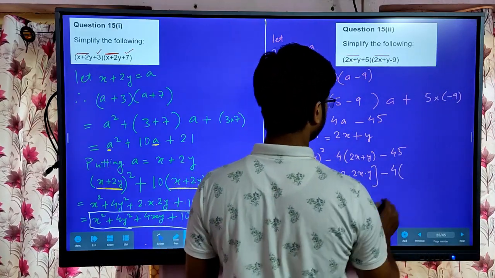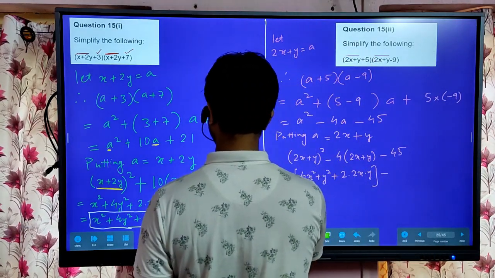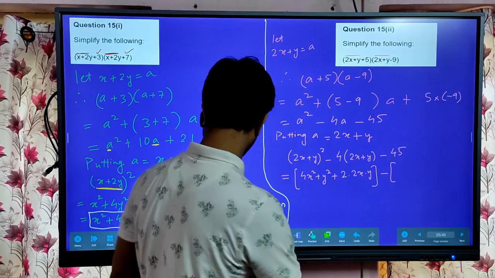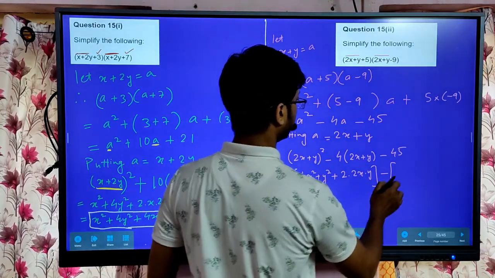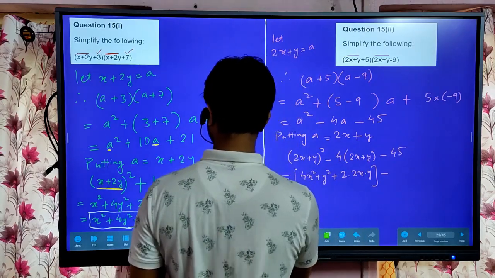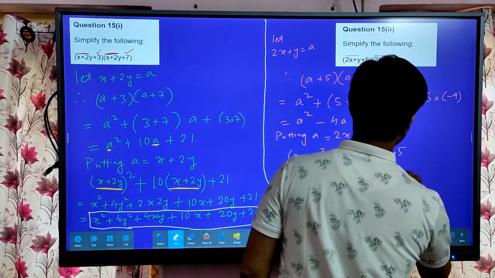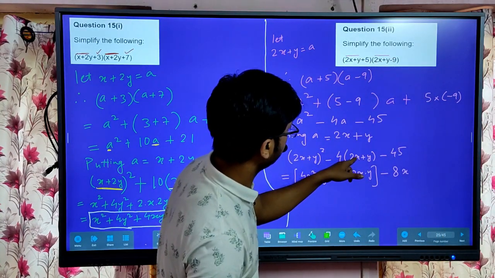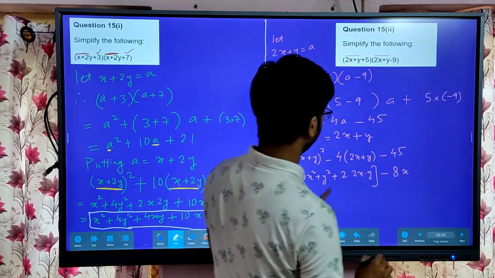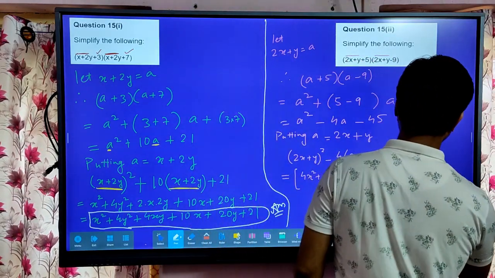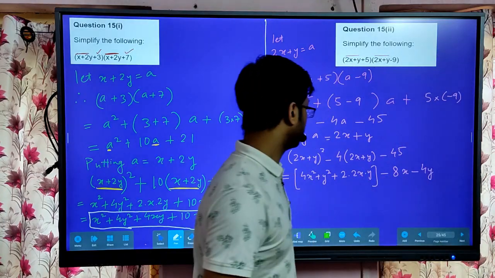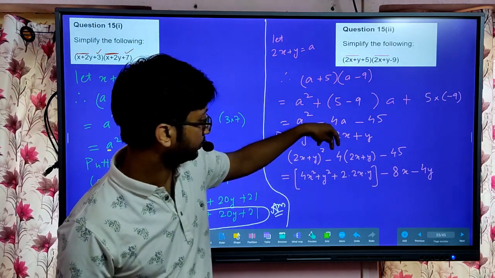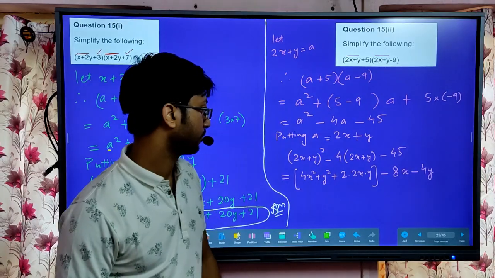So I can multiply this over here and write it down. Don't put brackets, you can simply solve it. So it will be 4 into 2x, minus 8x, then 4 into y, minus into plus, minus 4y. Understood? Okay?